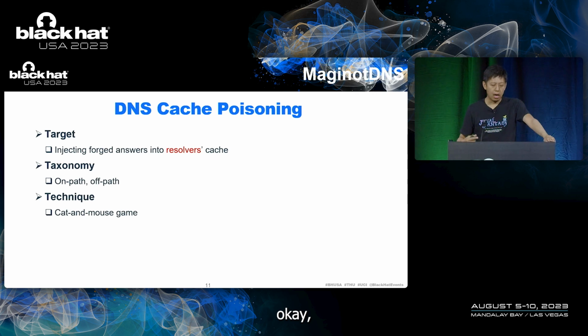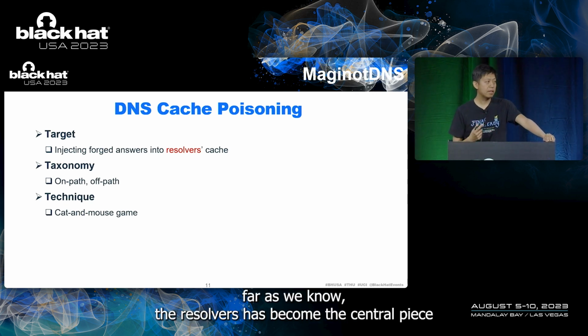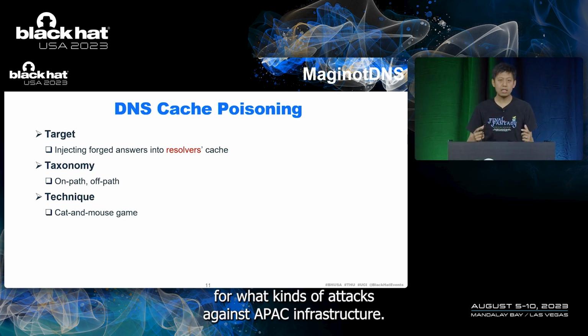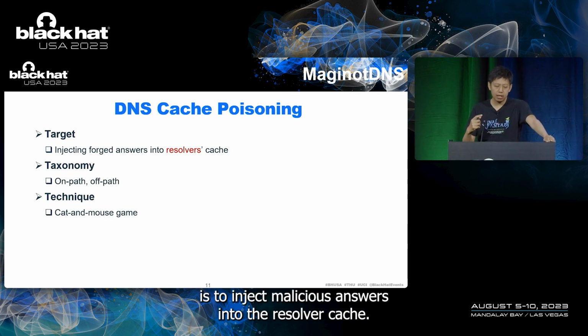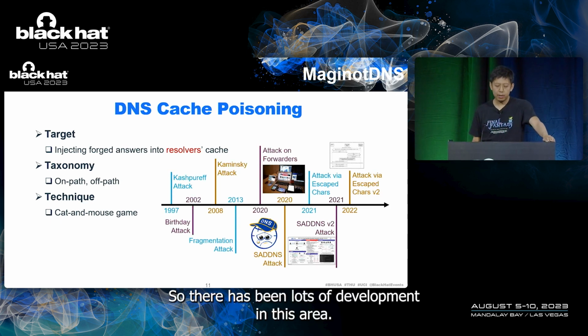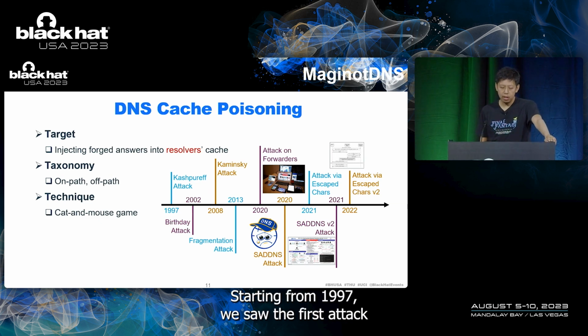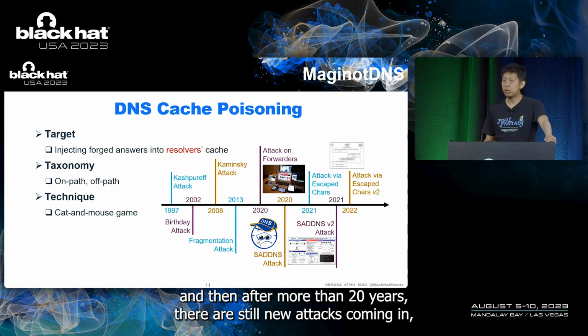Okay, so as far as we know, the resolvers have become the central piece for all kinds of attacks against the DNS infrastructure. The primary goal of DNS attacks, in particular cache poisoning, is to inject malicious answers into the resolver cache. There has been lots of development in this area, starting from 1997, when we saw the first DNS attack, and after more than 20 years there are still new attacks coming in.